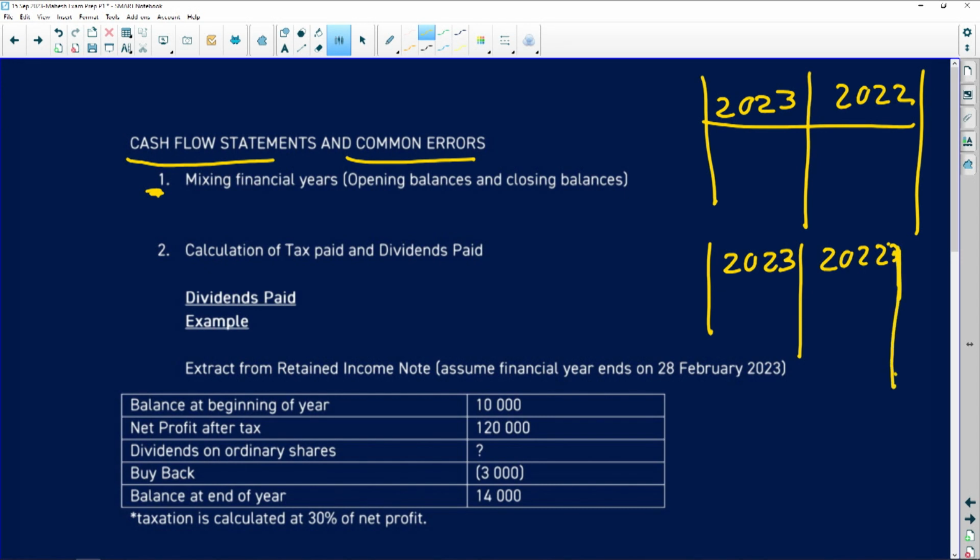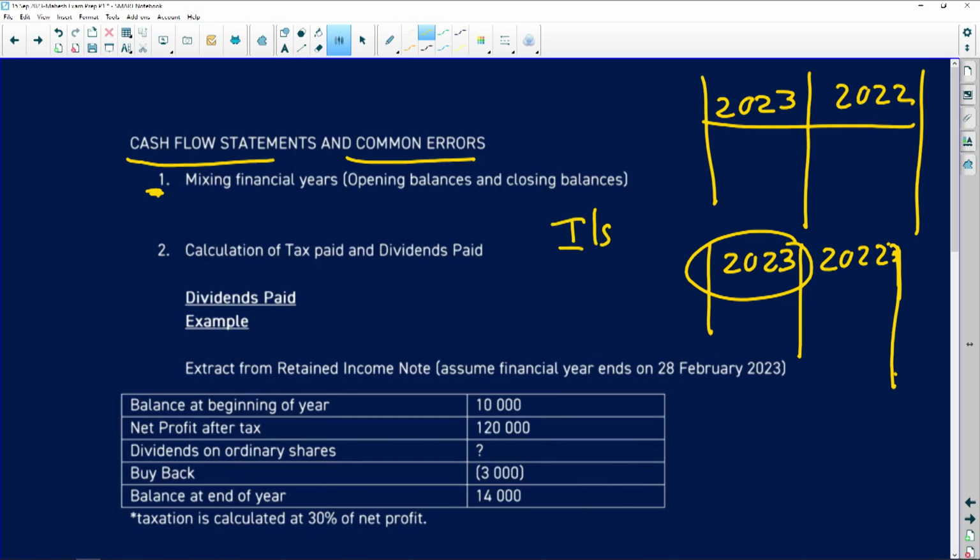Right, and as accounting students, we know that when we're looking at information from the income statement, we actually only need the current year. But remember guys, for the statement of financial position, the balance sheet, you obviously need both years. Okay, now please remember, when you have the income statement, this is your focus, the current year.